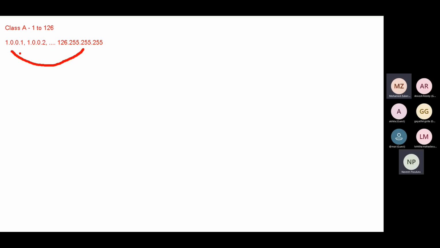In class A, only the first number is the network address; the remaining digits are host address. That means the network digit in a single network will not change, while the host address can change within a network.